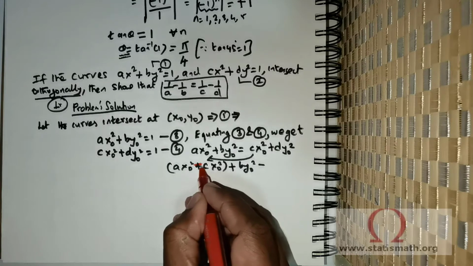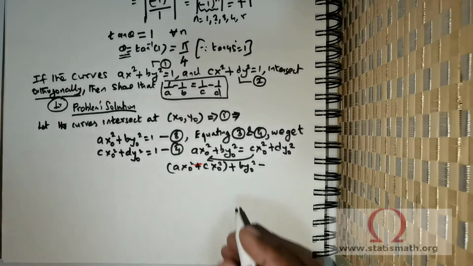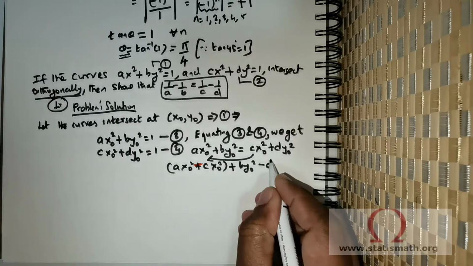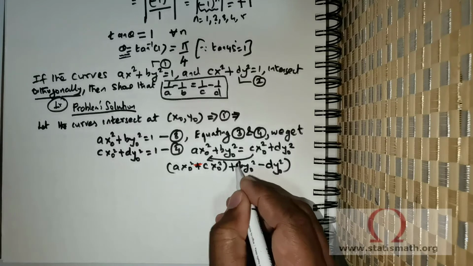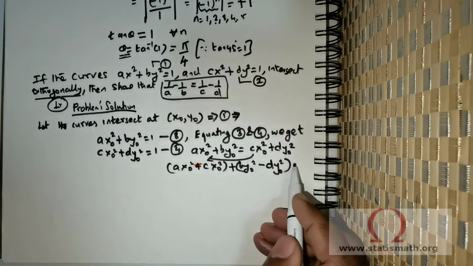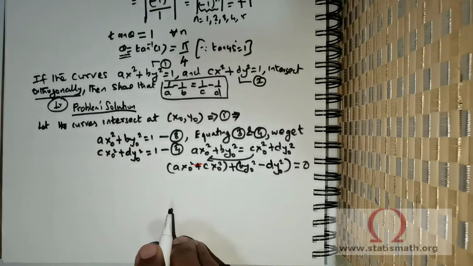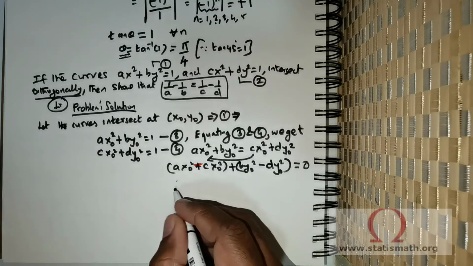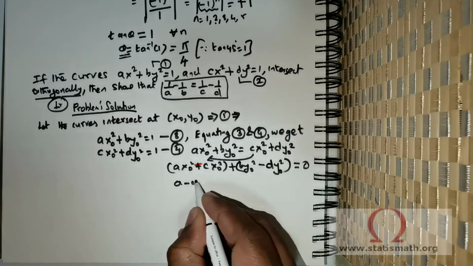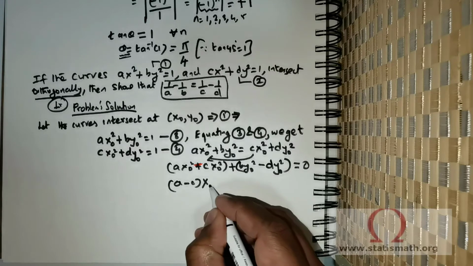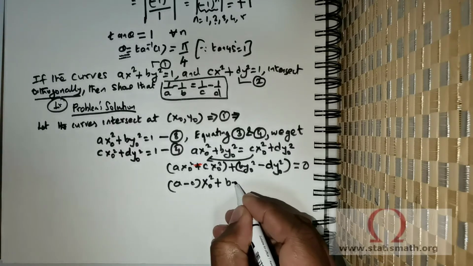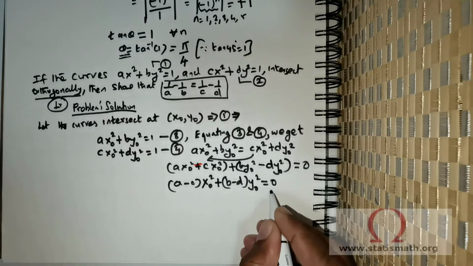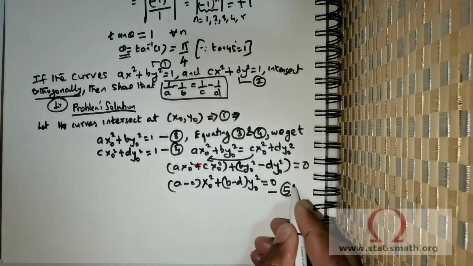So this is negative c x0², followed by positive b y0² and negative d y0², equated to 0. Now I can take the x0² and y0² out: (a − c) x0² + (b − d) y0² = 0. I'm going to name this equation number 5.